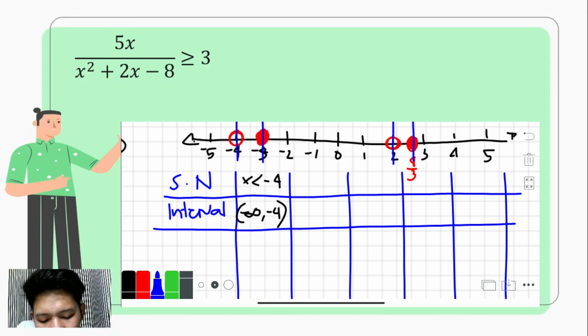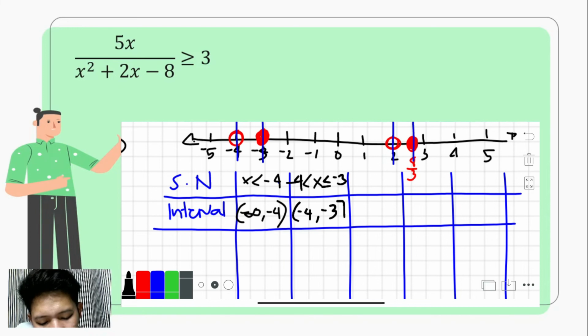So, this is x is greater than negative 4. Greater than lang kasi hindi siya included. But, less than or equal to negative 3 kasi solid po si negative 3 dito. And for our interval, that would be parenthesis negative 4, negative 3 bracket.